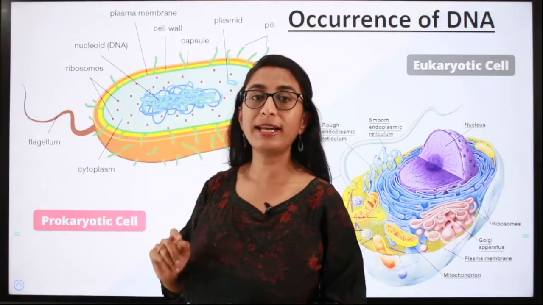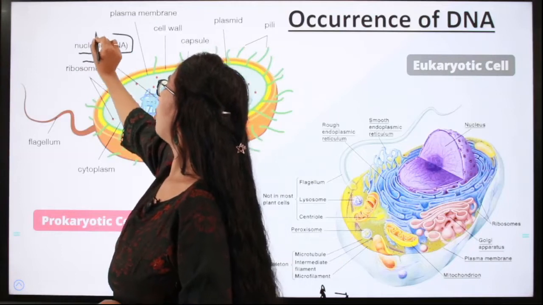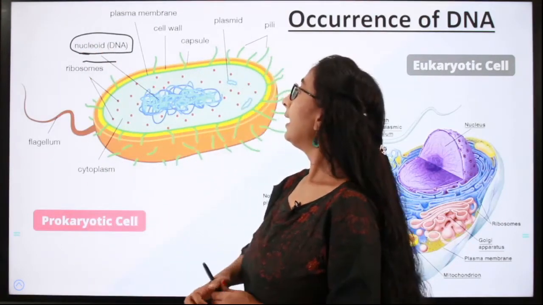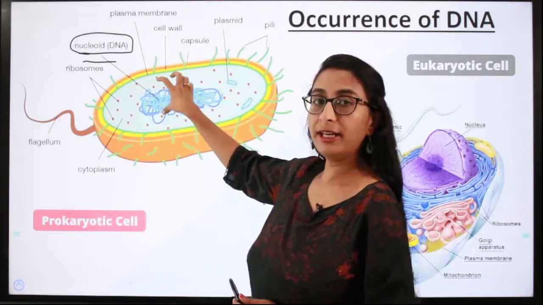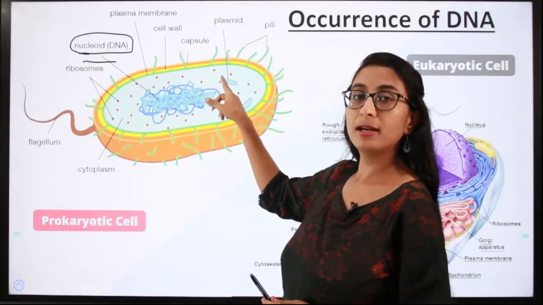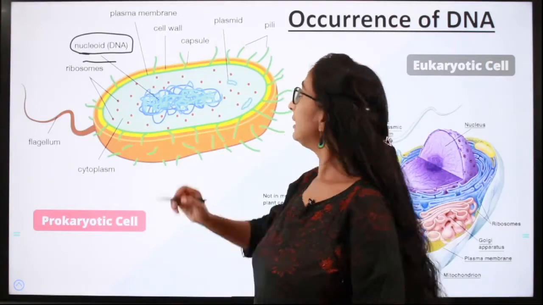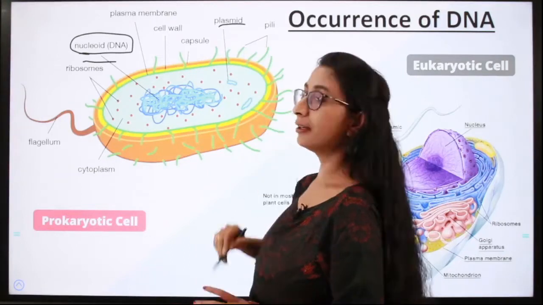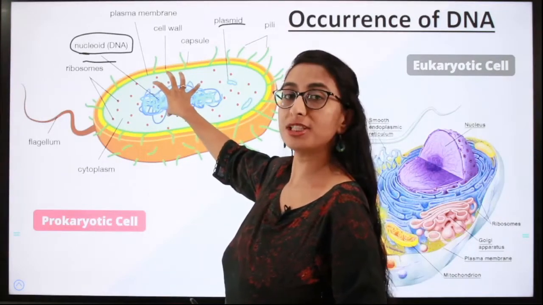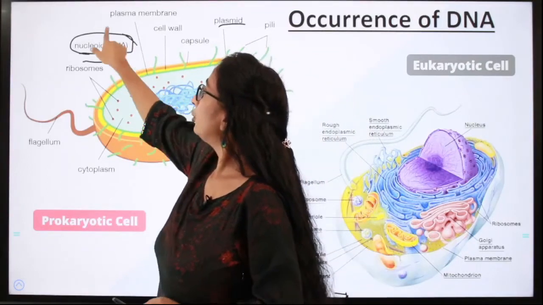This is called as nucleoid or nucleoid DNA. In addition to this nucleoid DNA, we have circular DNA molecules which are capable of self-replication. These are called as the plasmid.